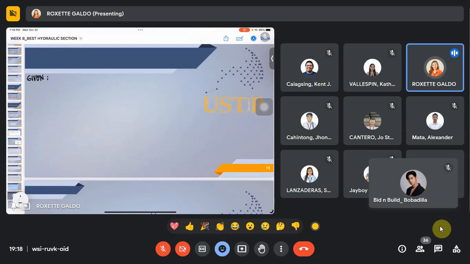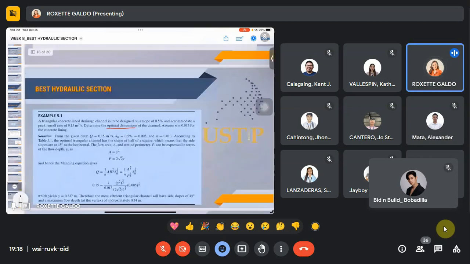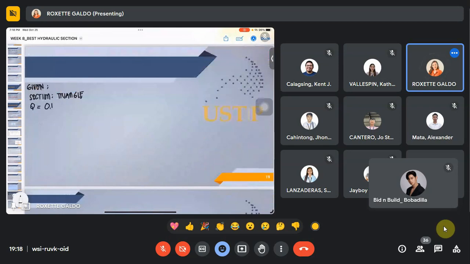First, we have the section. The section is given to be a triangle. Second, the peak runoff is also given, which is equal to 0.15. What else is given?